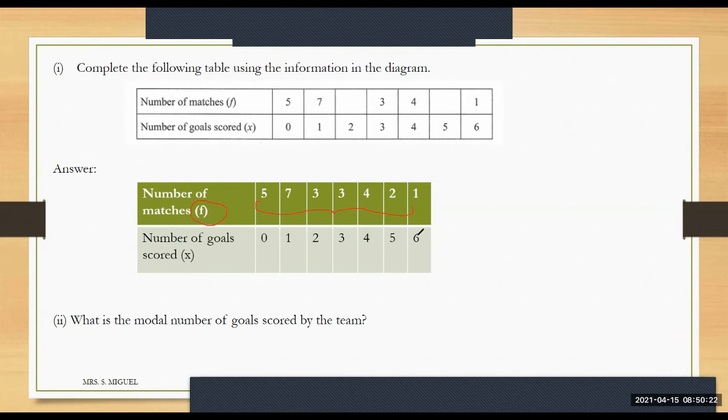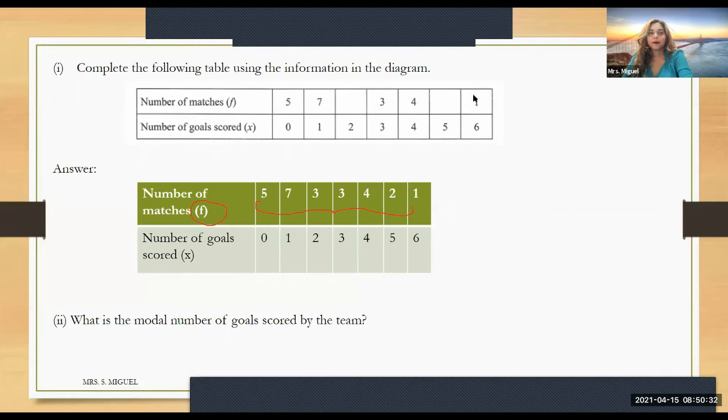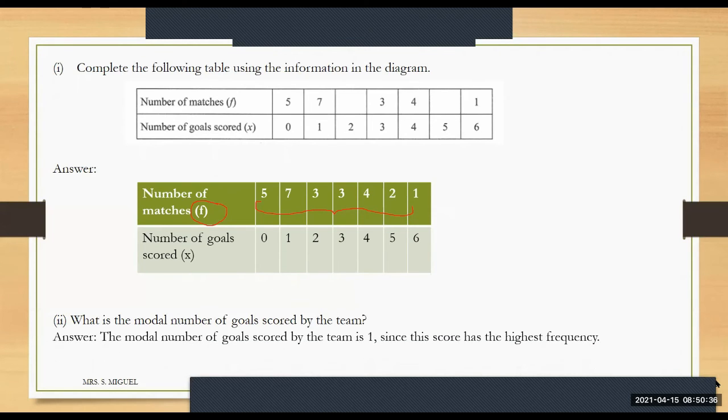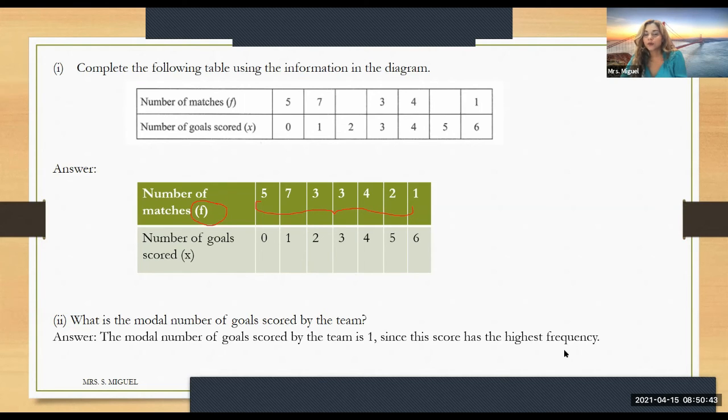And what score does it correspond to? 1. So is the modal number 7? No. The modal number is 1, since this score has the highest frequency. So write that please for me.